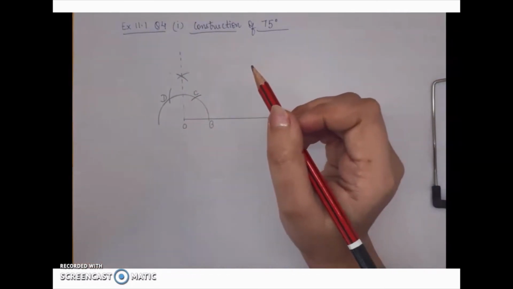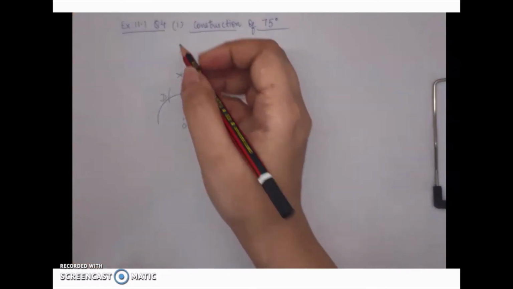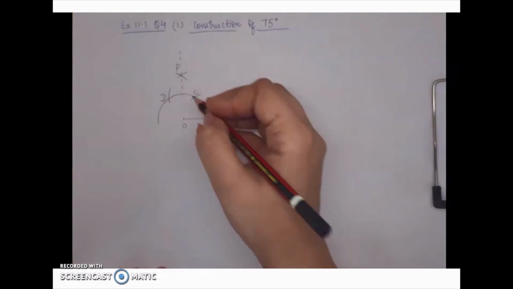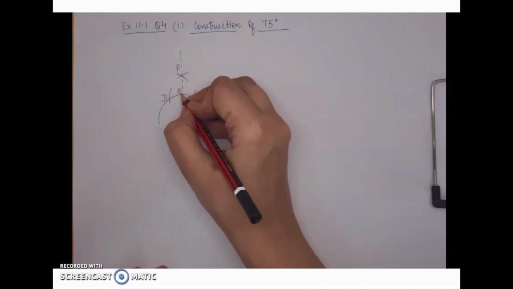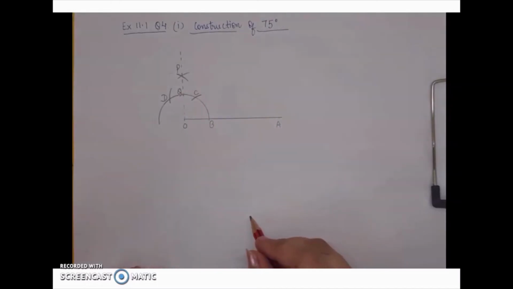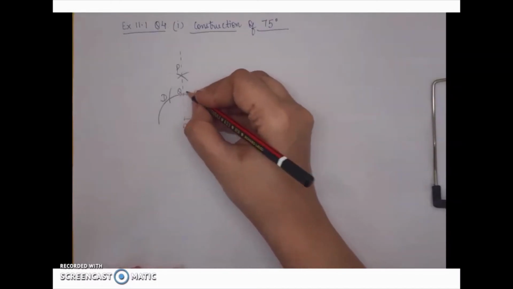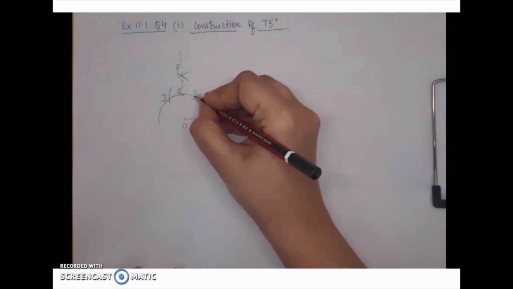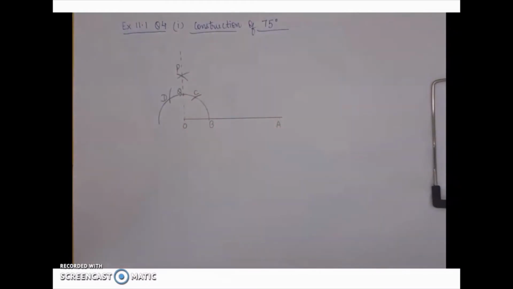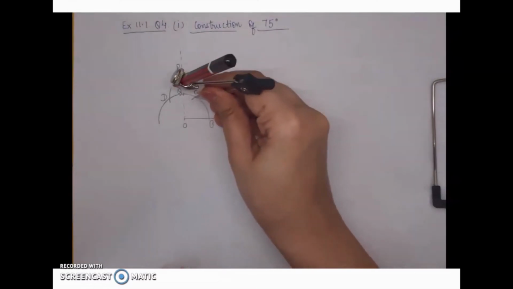Now this is 90. Now this 75-degree angle, this will lie exactly in the middle of 90 and 60. That means arc QC if I bisect, then I will get 75 degree. 75 will come exactly in the middle of 90 and 60.